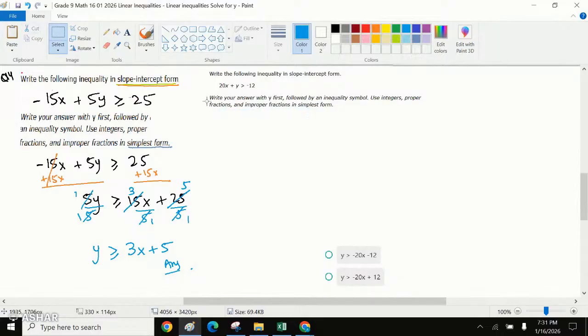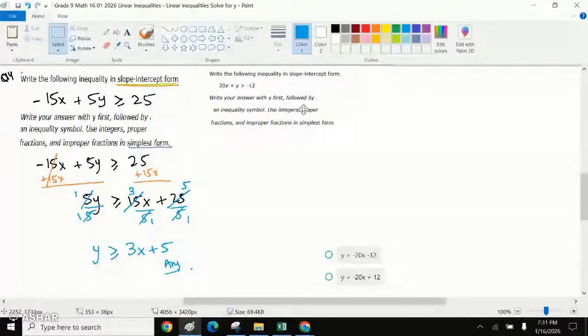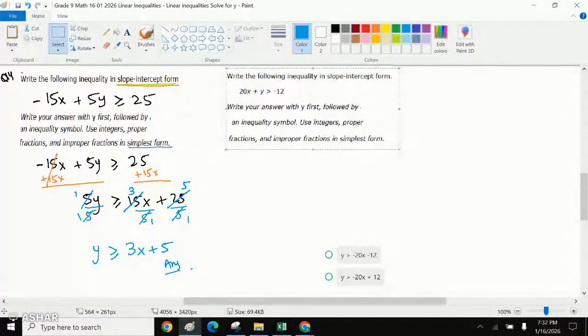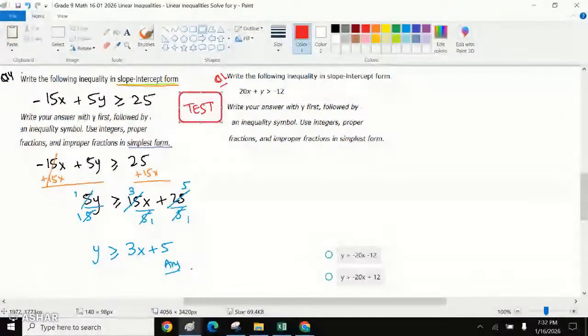We are not doing it on the computer. So question 1 from the test states that the inequality is given in this form. We need to simplify and find which final answer is correct answer. This is the test. We are doing question number 1 from the test. Can you tell me which option is the correct answer?